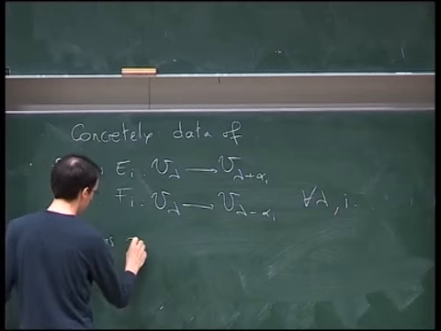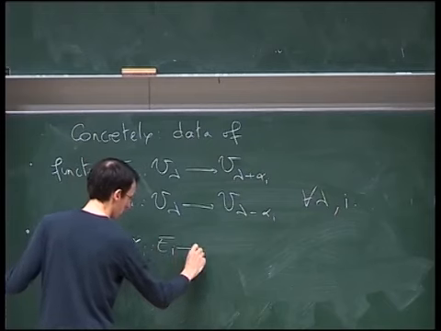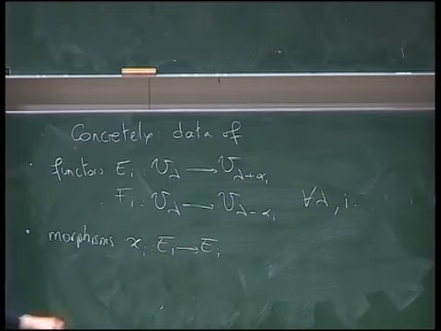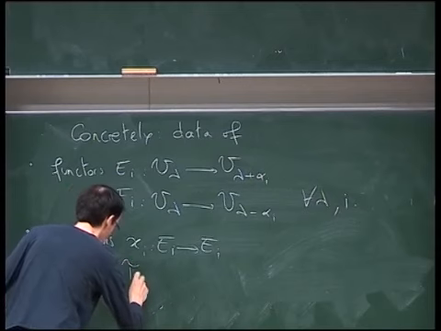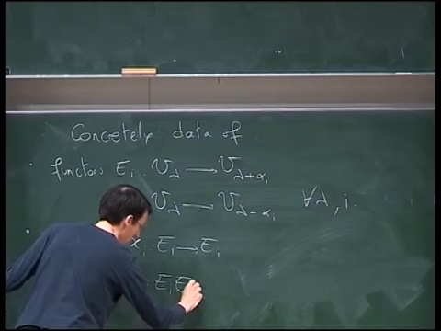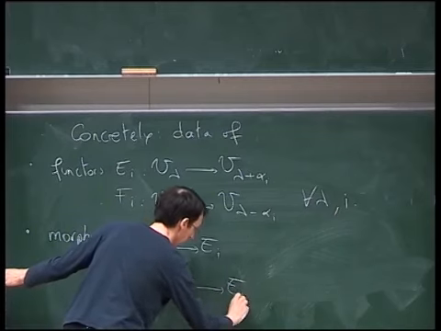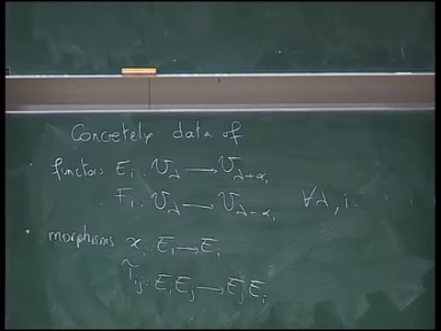So we have these various functors EI, and we need a natural transformation small xi from EI to itself, and one tau ij going from the composition of the functor EI and the functor EJ to the composition the other way around. So that's most of the data.